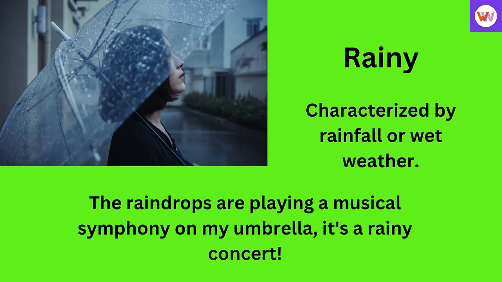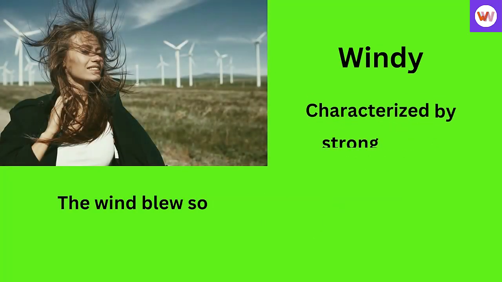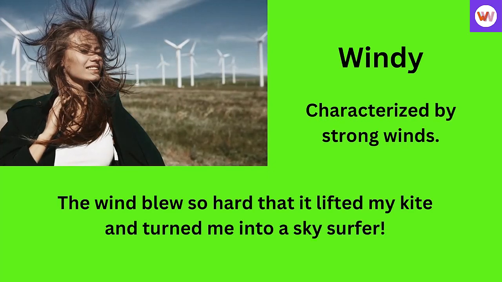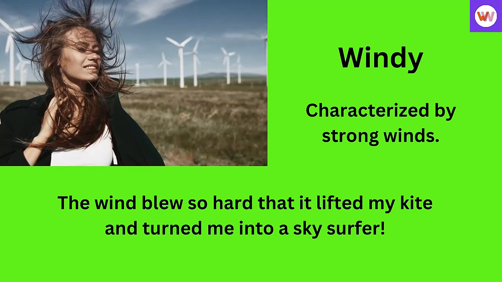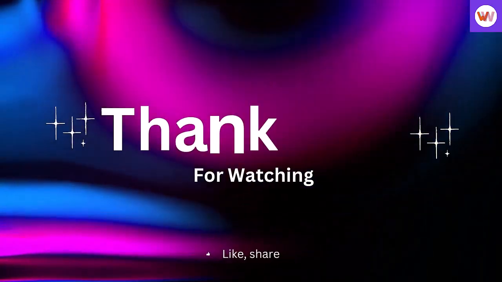The raindrops are playing a musical symphony on my umbrella, it's a rainy concert. Windy. Characterized by strong winds. The wind blew so hard that it lifted my kite and turned me into a sky surfer.